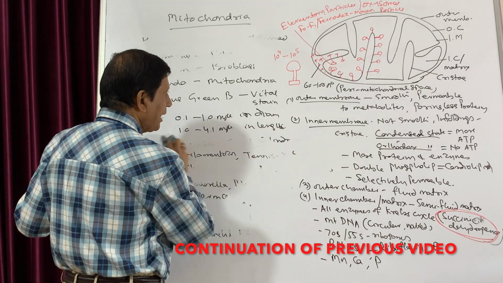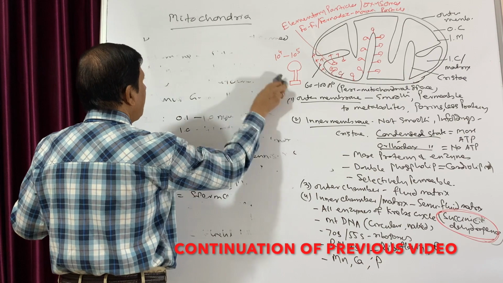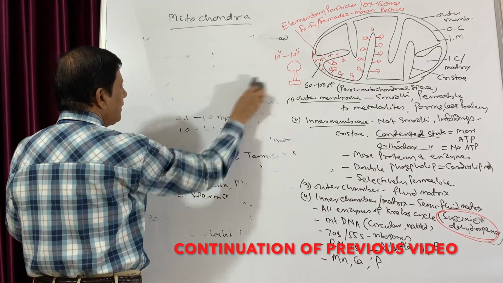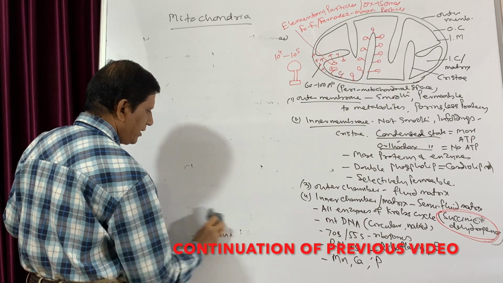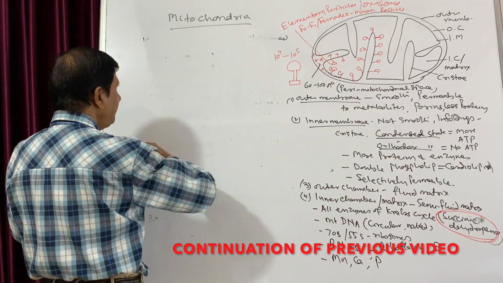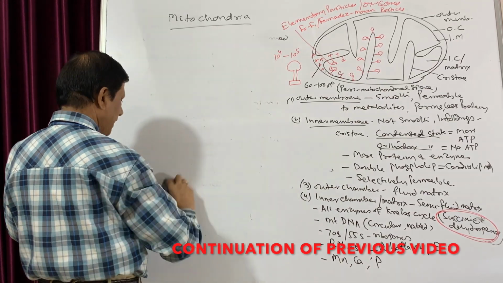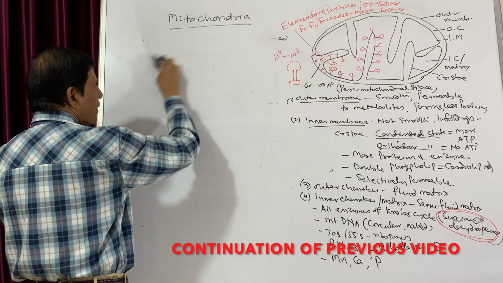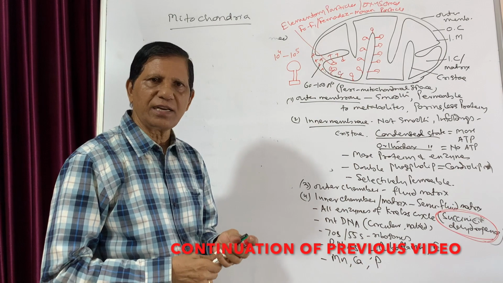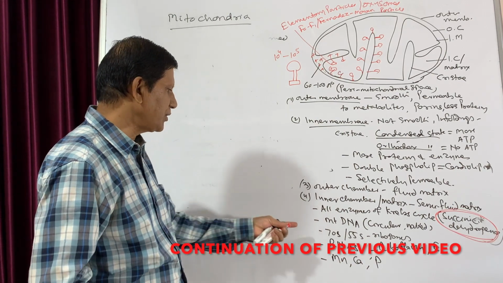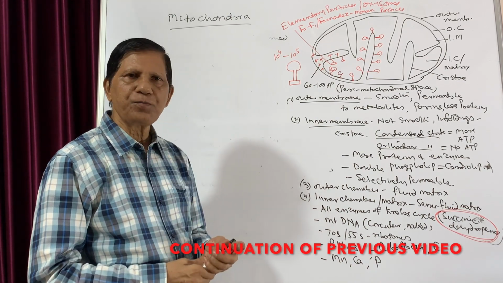Now another important thing regarding this mitochondria is, as already we have discussed, that mitochondria contains mitochondrial DNA, which is circular and naked. It also contains 70S ribosomes, just like those of the prokaryotes. It also contains RNA.